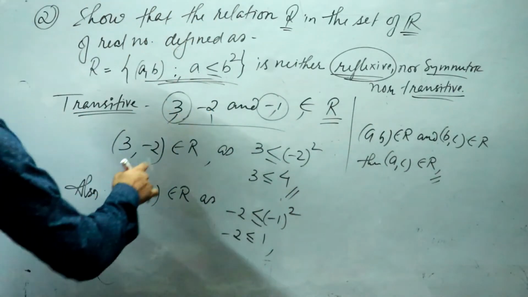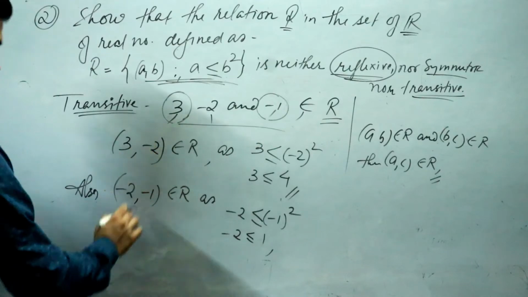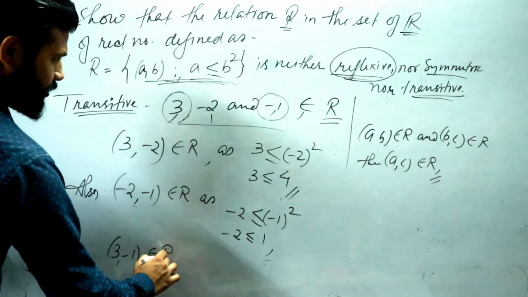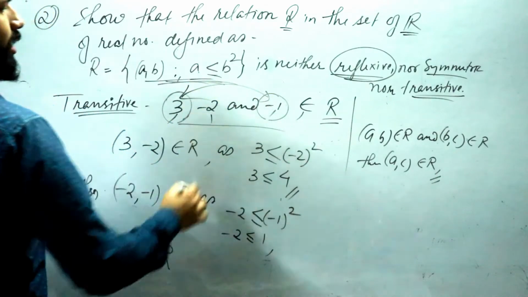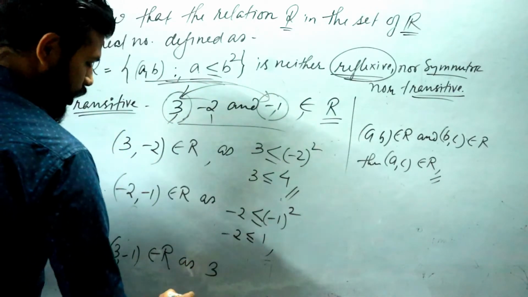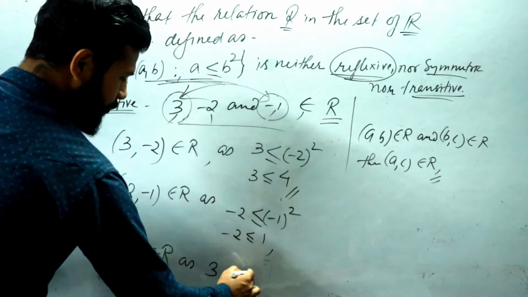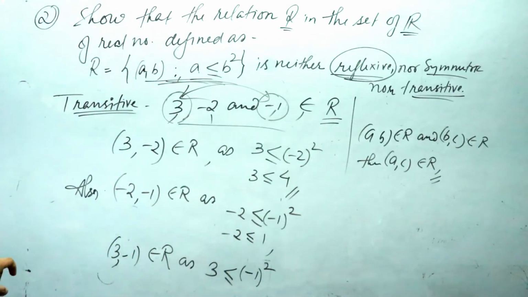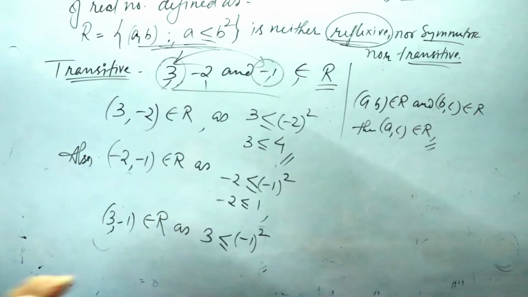So now let us consider A and C, that means (3, -1). This does not belong to the relation. A comma C does not belong to the relation. You can see why: 3 is not less than or equal to (-1) squared, because the result of (-1) squared is 1.